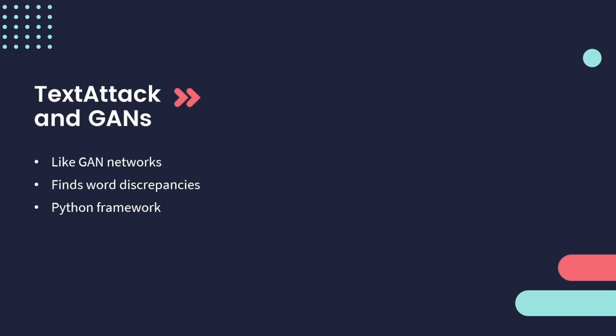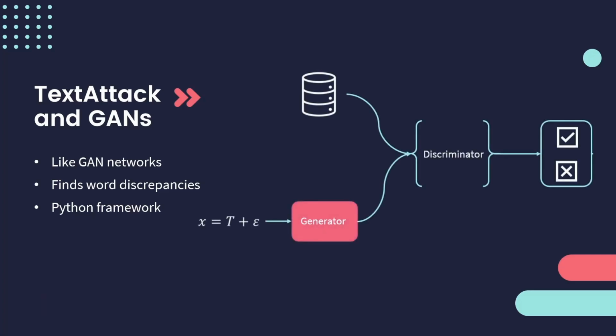TextAttack is primarily a Python framework, and it works very similar to the GAN network as we described, with a discriminator and the latent variable that is introduced. Remember we said this is typically used with computer vision tasks. This is an example of an adaptation on the GAN network.